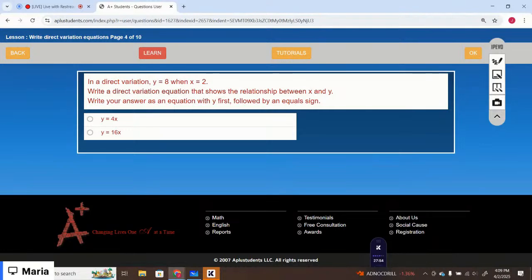So which is the correct option? That is y equals 4x. Option number 1 is the correct option.